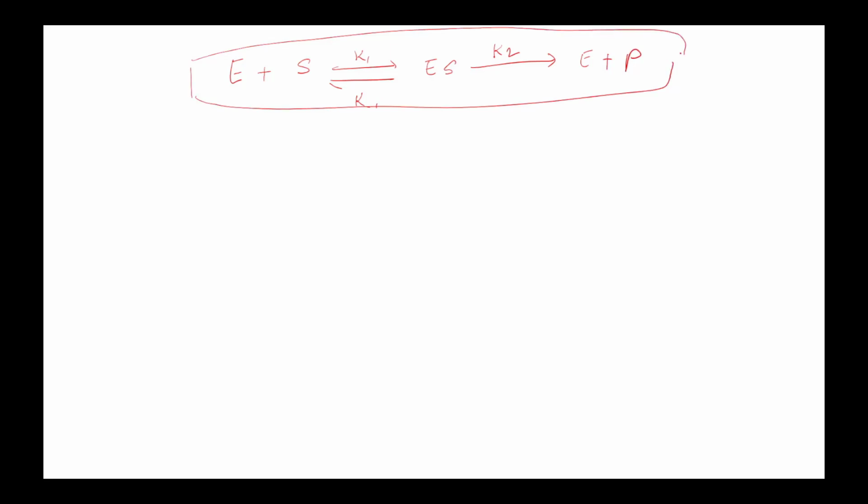Michaelis-Menten equation. According to the Michaelis-Menten approach, when the rate of an enzyme-catalyzed reaction, also called the velocity of the reaction, is measured at varying substrate concentrations, the rate depends on the substrate concentration.